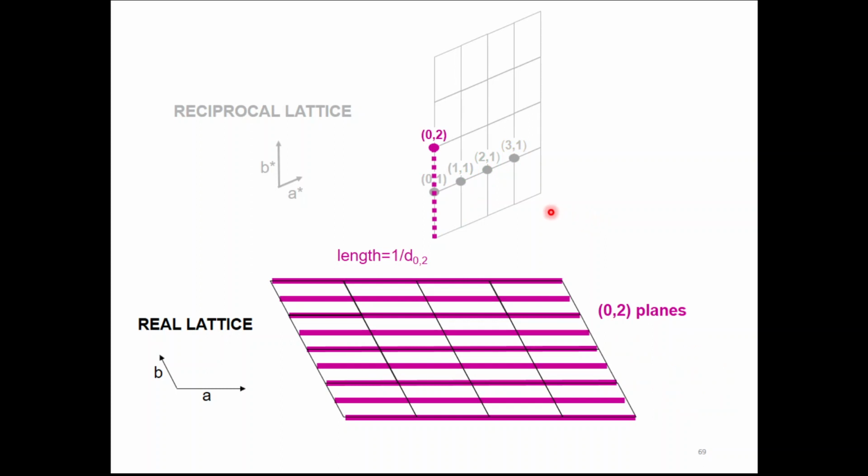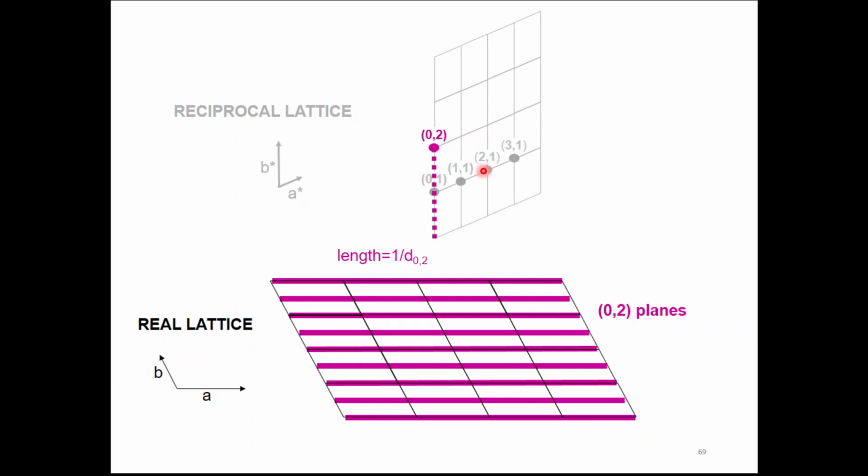So this is another set of planes, which is 0 2, and because the interplanar spacing is reduced, the reciprocal of this reduced interplanar spacing will give us an increased value, which is in here in the form of a spot.